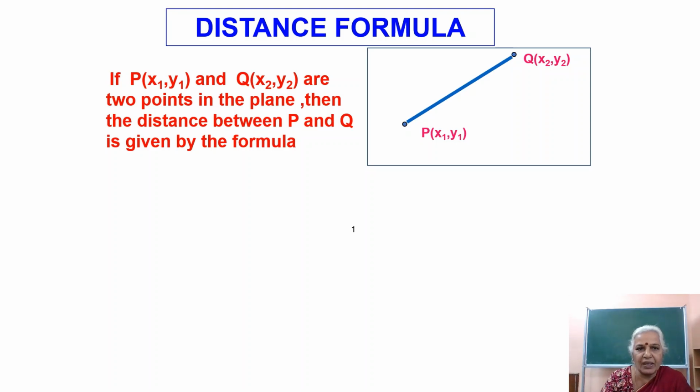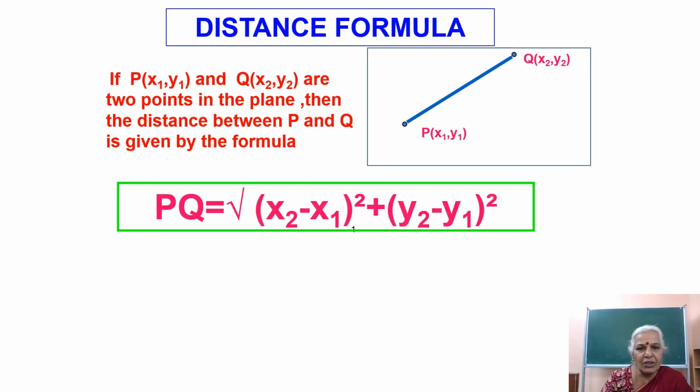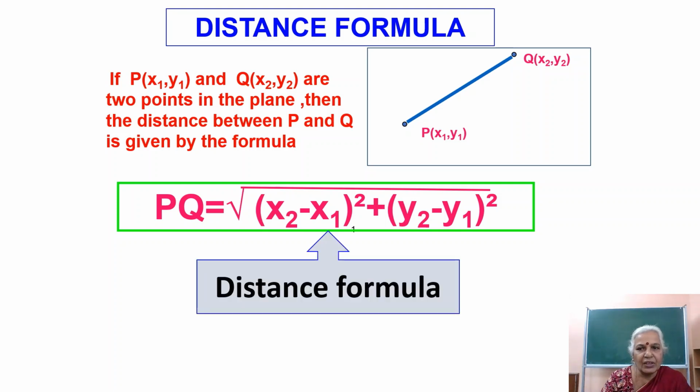If P x1, y1 and Q x2, y2 are 2 points in the plane, then the distance between P and Q is given by the formula PQ is equal to square root of x2 minus x1 whole square plus y2 minus y1 whole square. Now we are going to solve few sums which are there in the exercise.